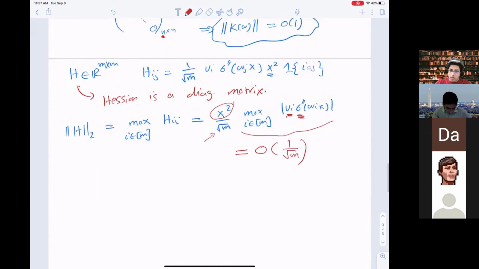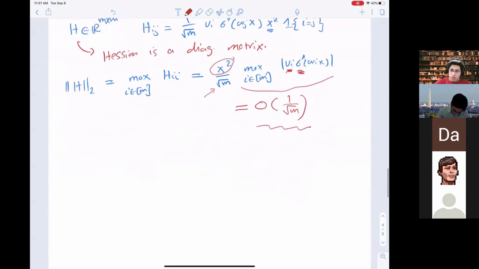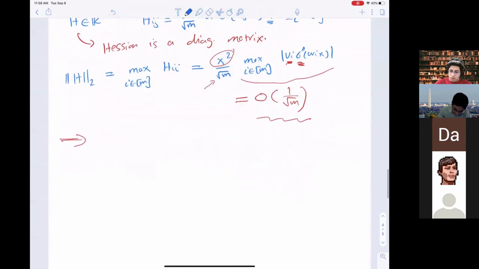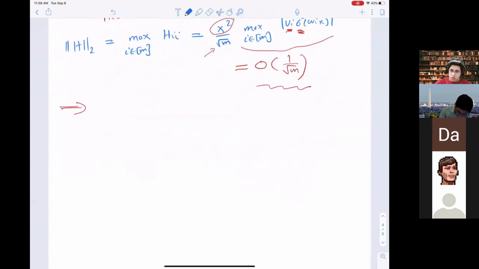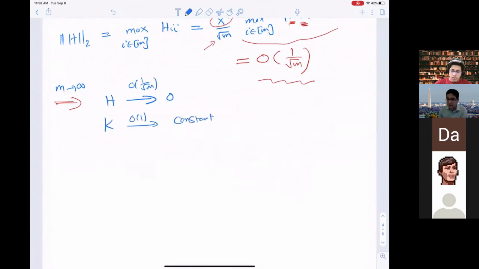We have the Hessian going to 0 as m goes to infinity, and my tangent kernel remains constant. That's the hand wavy calculation that we did, but you can see this can be made very precise quite easily. As m goes to infinity, my Hessian goes to almost 0, because it goes like 1 over square root of m, and my tangent kernel goes to something constant.